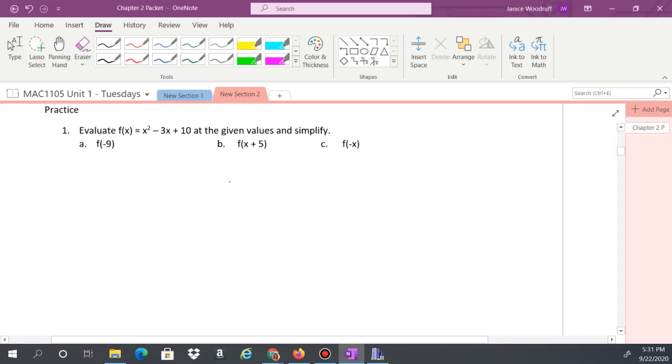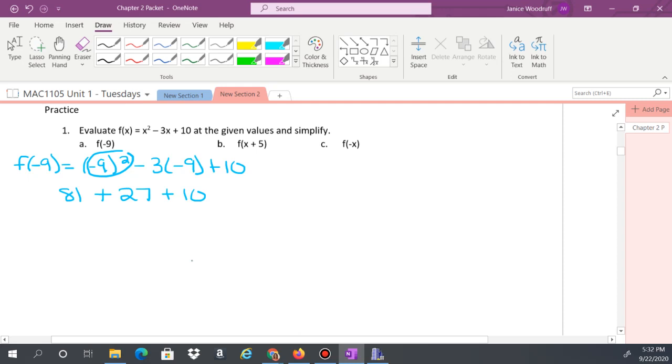So for the first one, we're going to plug in -9 for a. So f of -9 is -9 squared minus 3 times -9 plus 10. If we evaluate the right side, -9 squared is going to be a positive 81. -3 times -9 will give us a positive 27, plus 10.